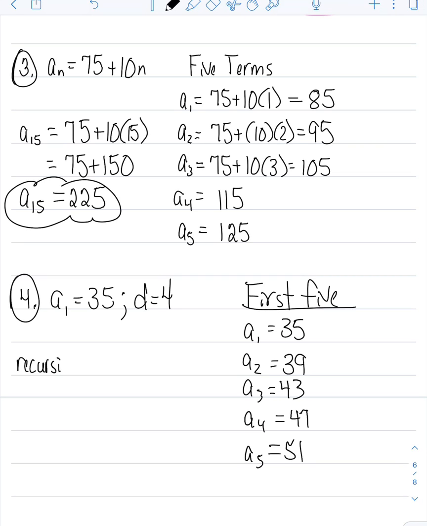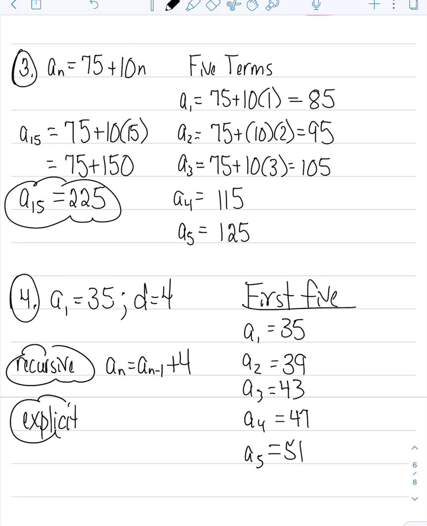Then I might ask you to find the recursive formula. So what you do is you plug your common difference into your formula from above. So A sub n equals A sub n minus 1 plus 4. And then I might ask you to find the explicit formula. So you write your formula and plug in your information and simplify.